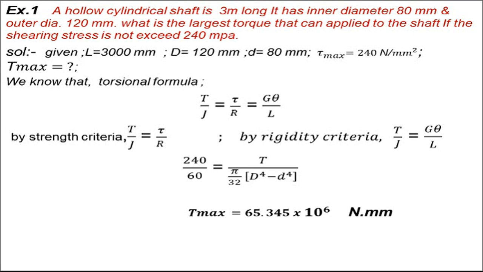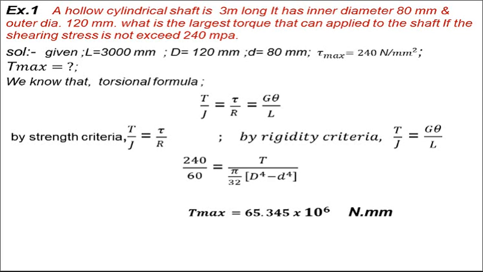Shearing stress does not exceed 240 MPa, means tau max, the maximum shear stress, is 240 MPa. MPa is nothing but Newton per mm square. So 1 MPa is equal to 1 Newton per mm square. That's why I have written 240 Newton per mm square.